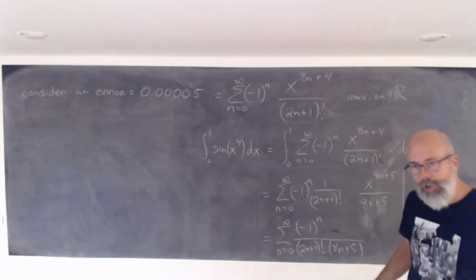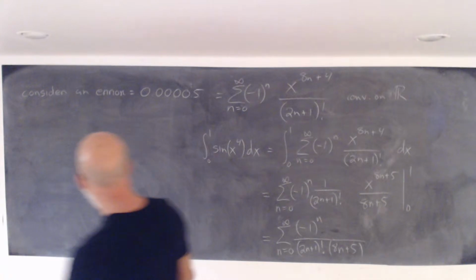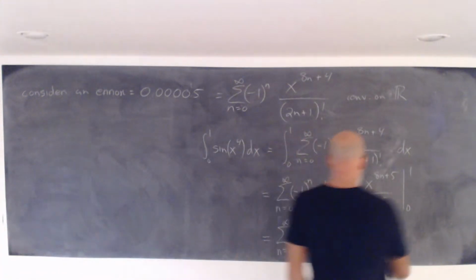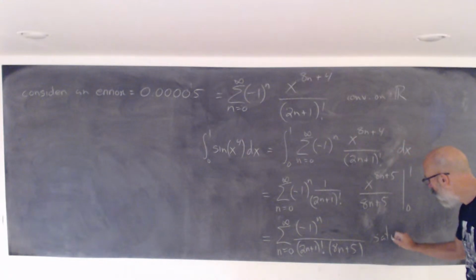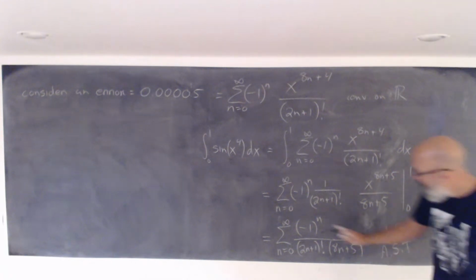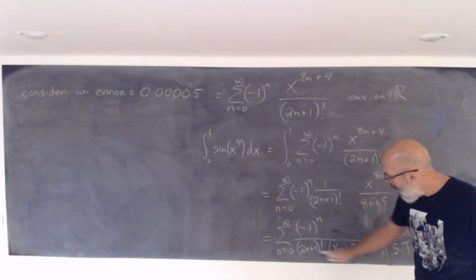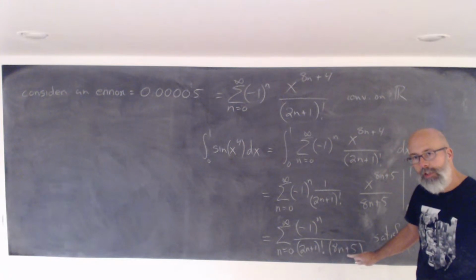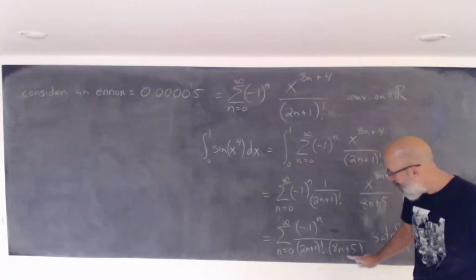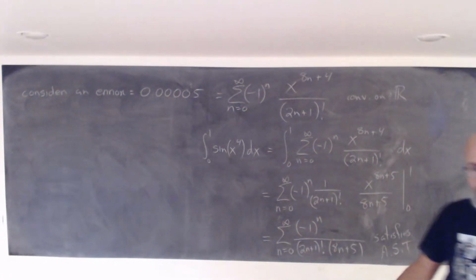It's easy to see that it's an alternating series that satisfies the alternating series test. Namely, the denominator is getting larger and larger as n gets larger. And the limit, as n goes to infinity, this goes to infinity, that goes to infinity, so you get 1 over infinity, which is 0.